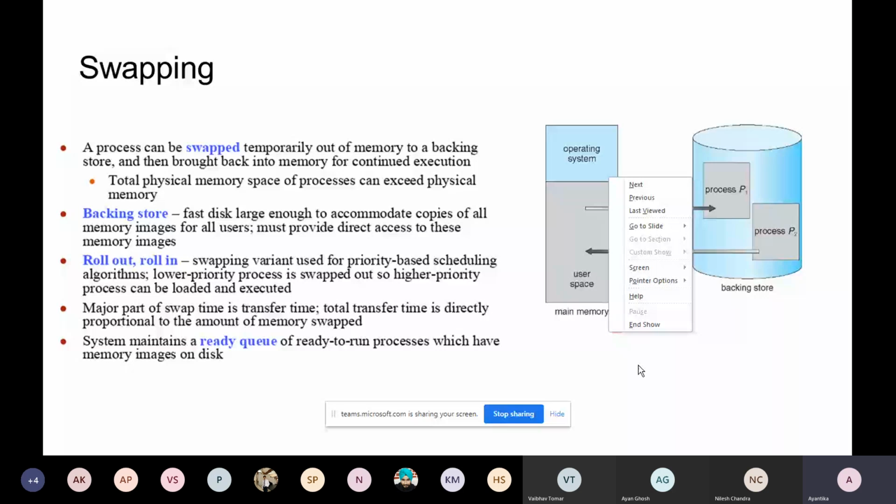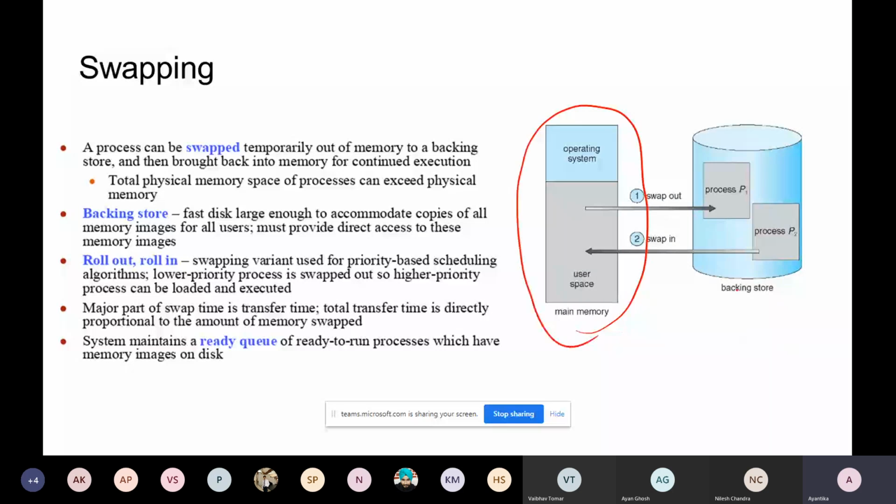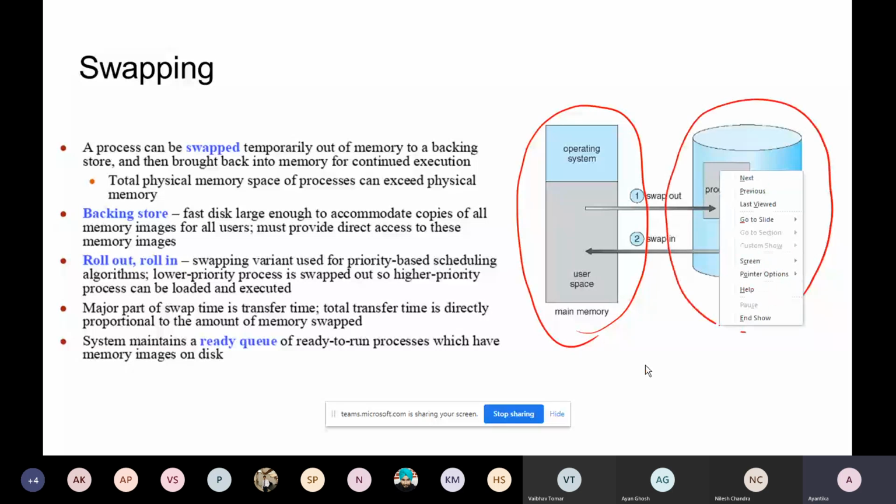So we may think about this type of representation, where we have some main memory, this is your user space, and you have some backing store of memory. Whenever you are executing some process P1, process P2, whatever may be the case, you are fetching some process-related memory information into your main memory, and if some process has completed its execution or is not in execution at that time for your processor, you may be swapping it out to the backing store.